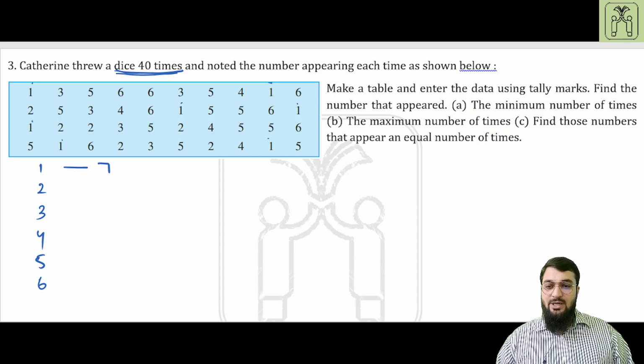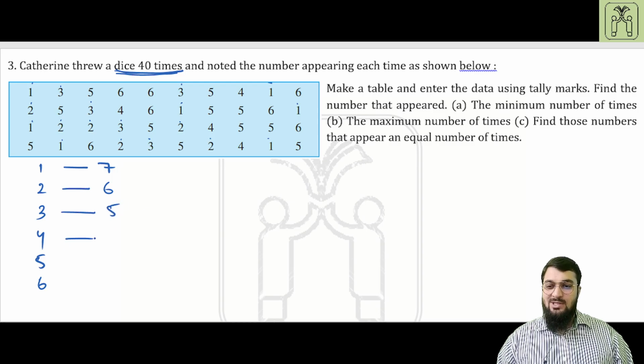This is 7 times, and 2 is 1, 2, 3, 4, 5, 6. That is 6 times. 3 is 1, 2, 3, 4, 5.